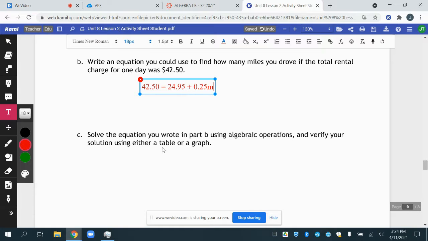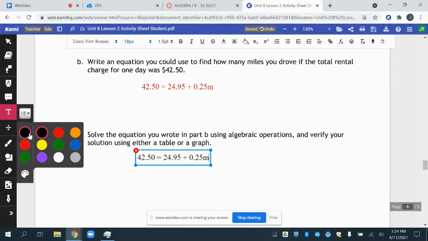Solve the equation. Okay, great. I'll do that. Let's say Control C real fast because I don't want to type it out again. We're going to verify by plugging it in. So here we are. Let's solve this thing. The first thing I would do is take away the $24.95.